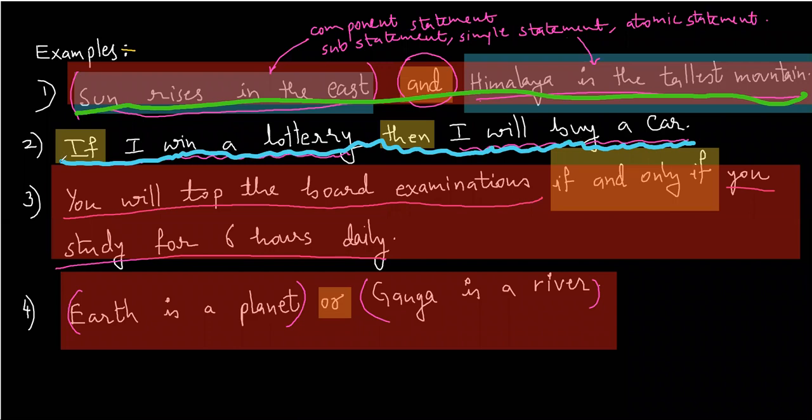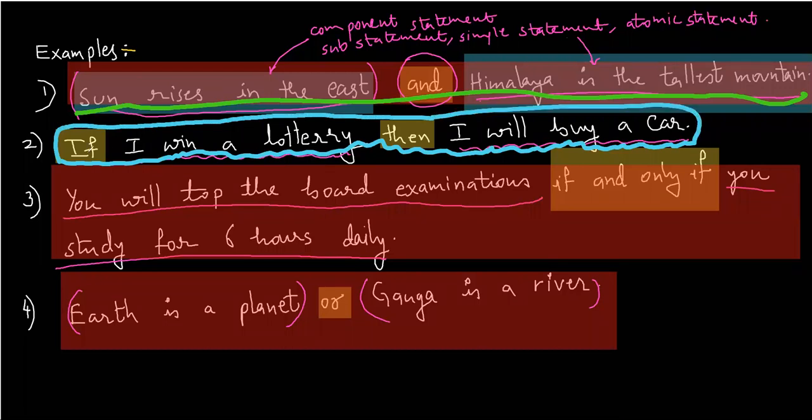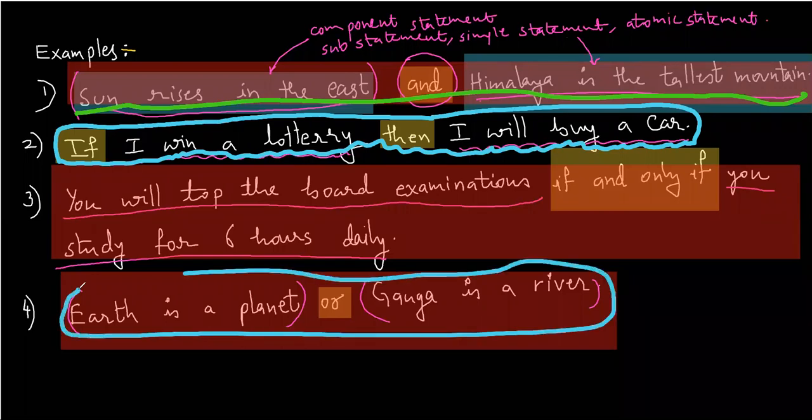Try to understand, this whole thing is an implication statement, or a conditional statement. The compound statement has a name, implication or conditional statement. Why? Because you're using if then. Now here, look at this compound statement. It is a disjunction. Why? Because you have or in between. And the earlier one was conjunction.